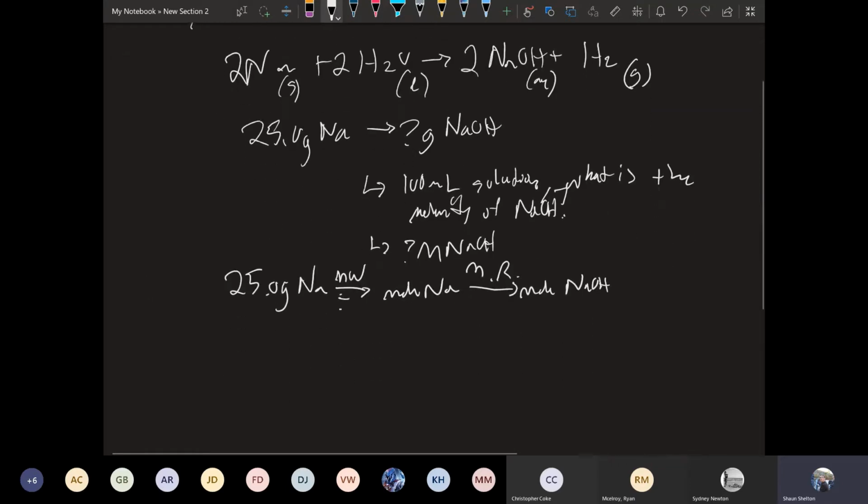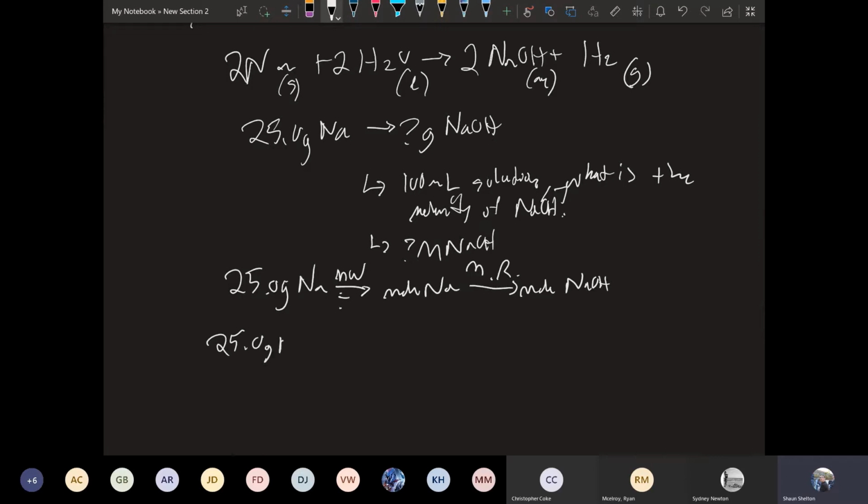Okay, this is the easy part. So the molar mass of sodium, rounding it, is 23 grams per mole. So we're going to divide this by 23 grams per mole. And then we're going to use the mole ratio here, okay? The mole ratio is 2 moles of sodium hydroxide for every 2 moles of sodium.